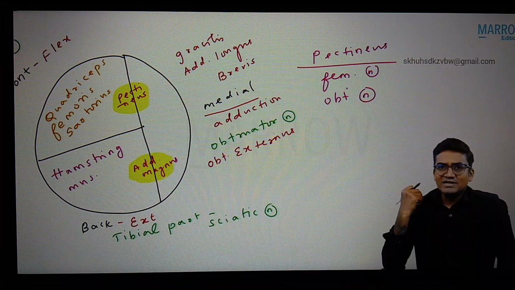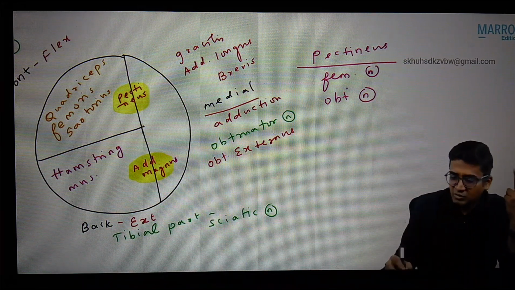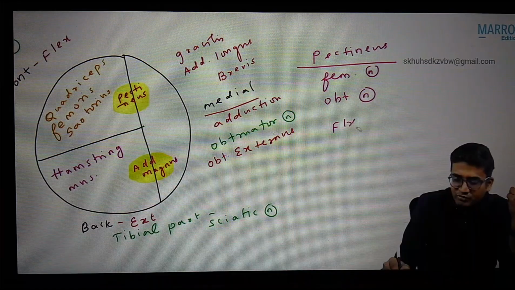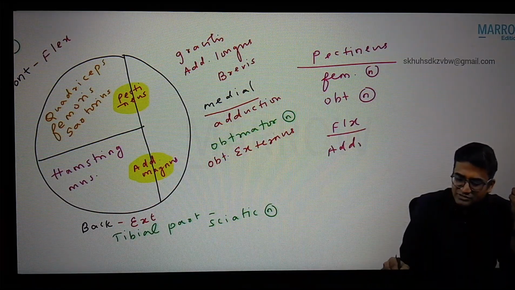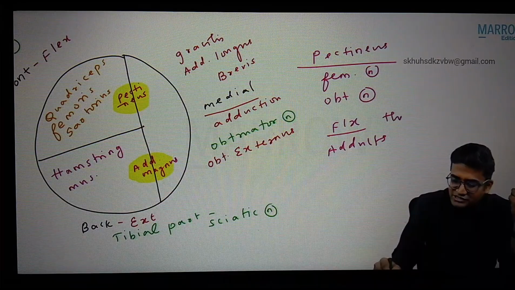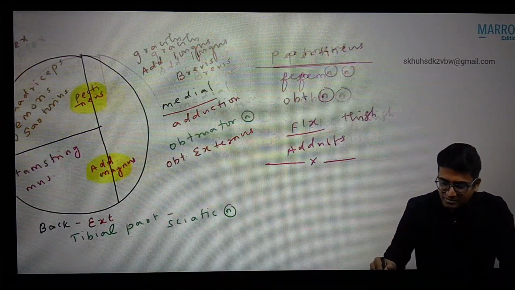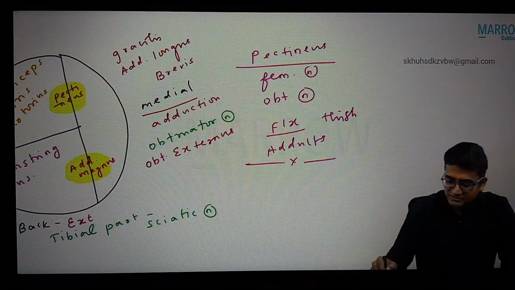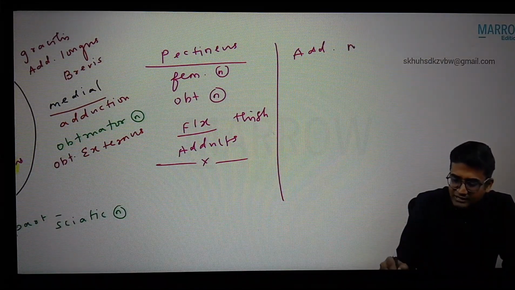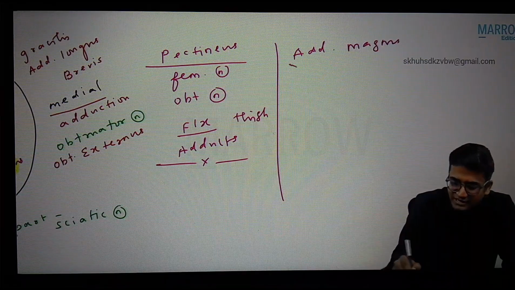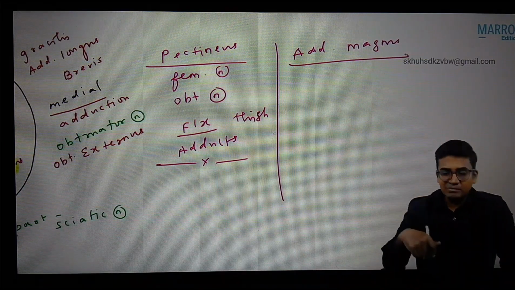One more point. What is the action of pectineus muscle? Pectineus muscle has two actions. What are those? Number one, flexion of thigh, and number two, adduction of thigh. Very good. Now these two are the actions of pectineus muscle. The same way, what is the nerve supply of adductor magnus muscle? Adductor magnus muscle is present at the junction of two compartments, medial compartment and the extensor compartment.